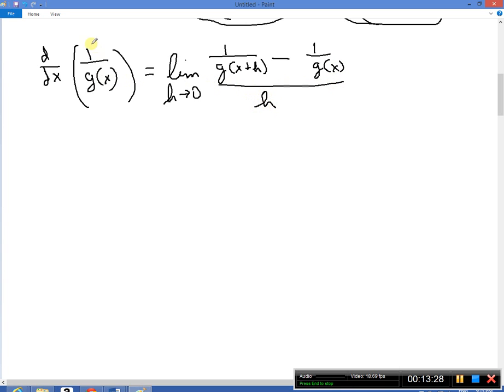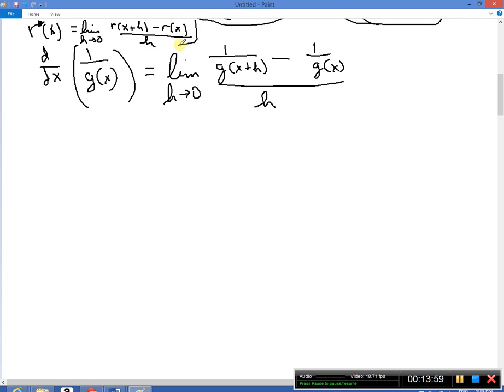What I'm doing here is using the definition of derivative for a function like, let's just make it r prime of x. R prime of x would be the limit as h goes to 0 of r of x plus h minus r of x all over h.